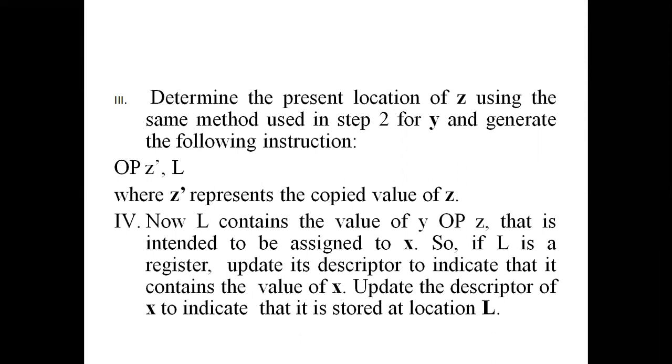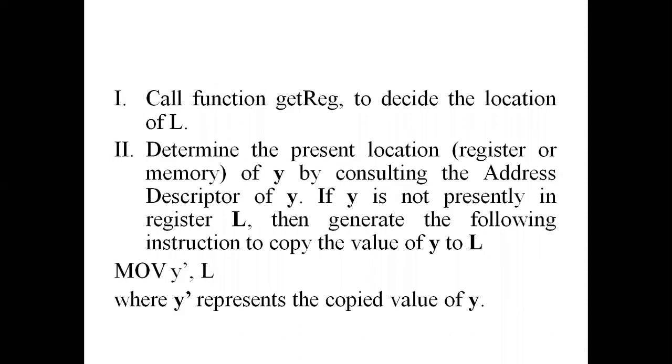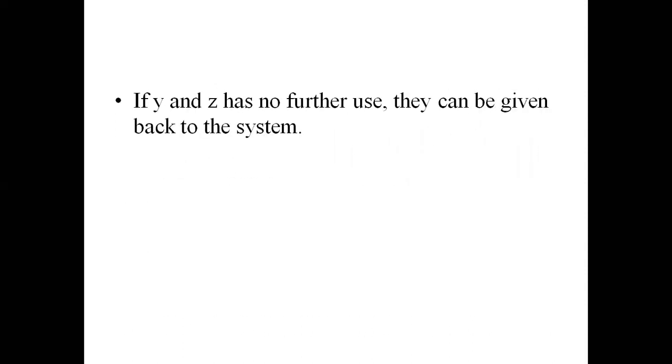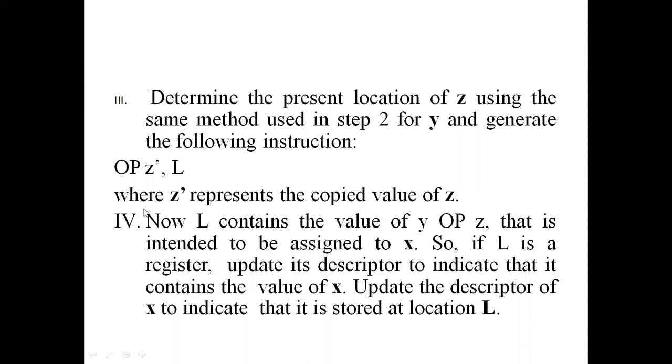Here, determining the present location of z uses the same method we used in step 2 for y. And here we generate the following instruction: OP z', L, that is op z dash comma L. What is z dash? z dash represents the copied value of z.